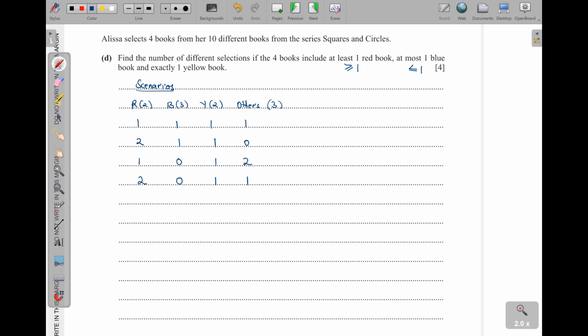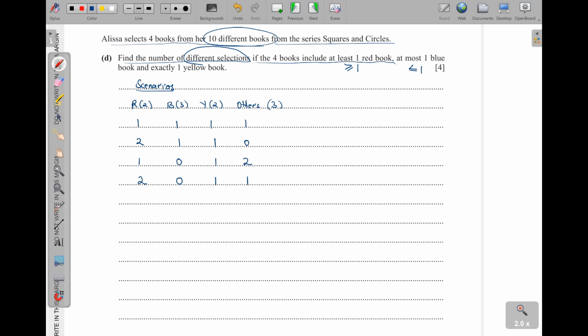Now they said Alisa selects 4 books from her 10 different books from this series. Okay, find the number of different selections. The selections are different. Okay, if the 4 books include at least 1 red.